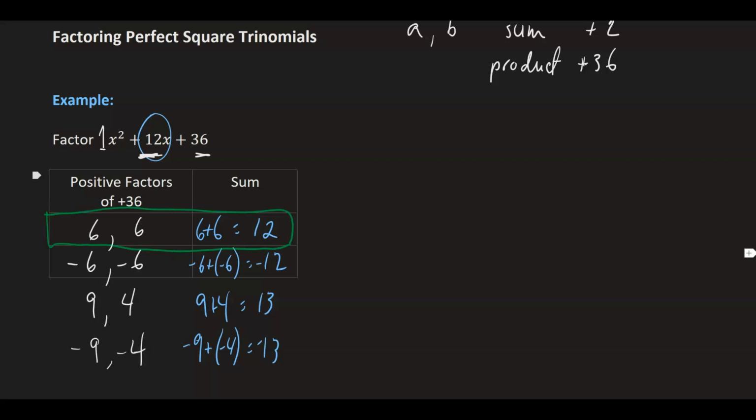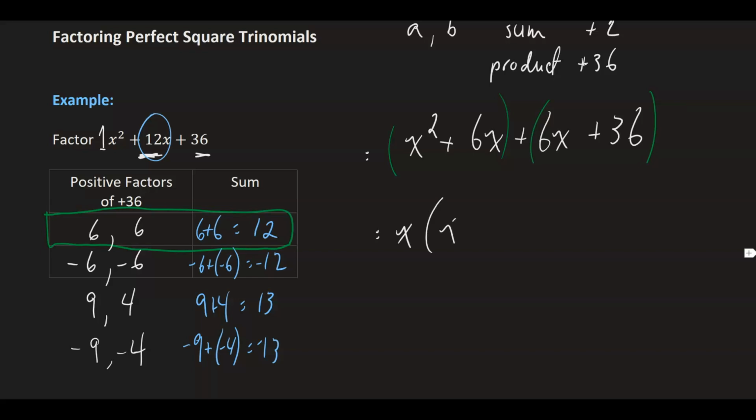Okay, so let's split this up. x squared plus 6x plus 6x plus 36. Factor the first two and then the last two, and we get x times (x plus 6) plus 6 times (x plus 6).